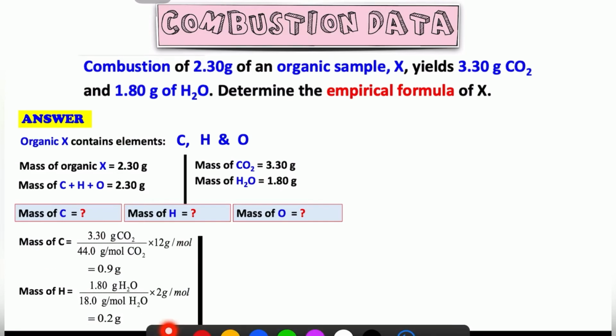The mass of the carbon is equal to the mass of the carbon dioxide given over the molar mass of the carbon dioxide, which you can refer to in the table of relative atomic masses, times the molar mass of the carbon. In the formula of carbon dioxide there is only one carbon, so 12 gram per mole.